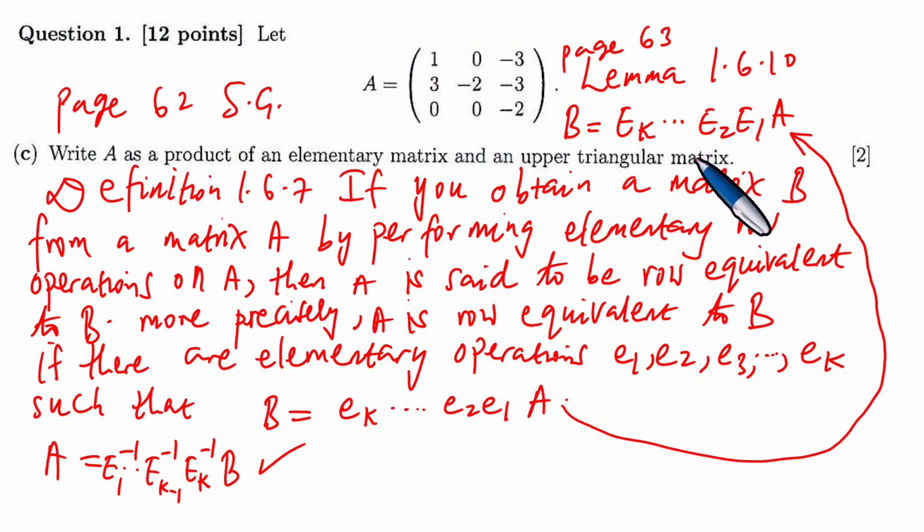It is E2. But how do you then multiply them? The way you multiply them is that you always put the first one closest to A, then the next away from A, like that. If that makes sense.